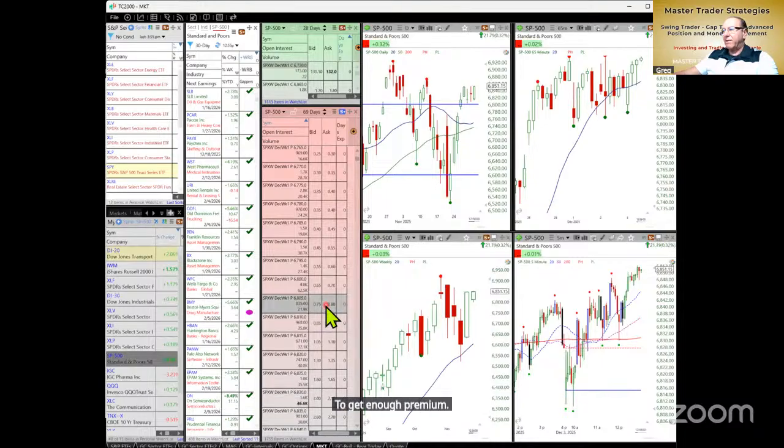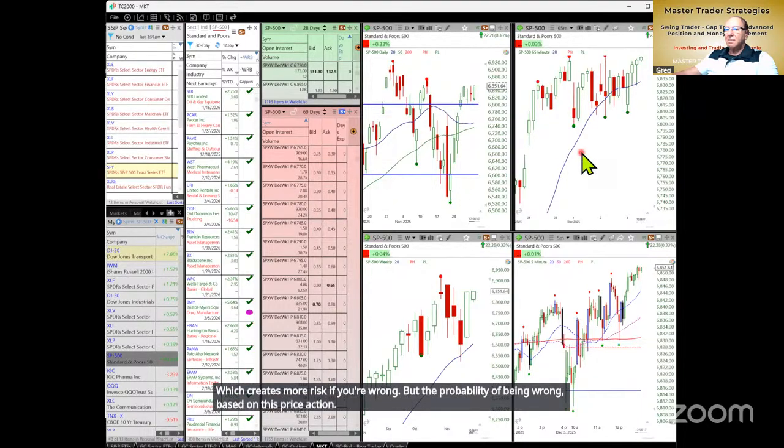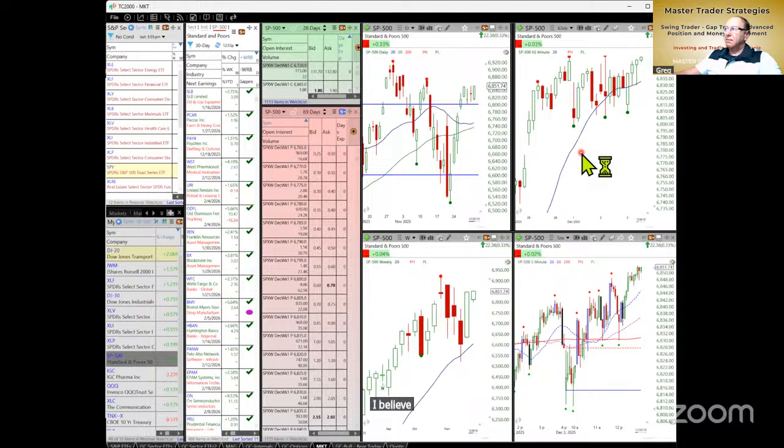So now you go to 68.05 to get enough premium. Just say we want to get 50 cents. I've got to find something for 30 cents. I've got to go quite wide, which creates more risk if you're wrong. But the probability of being wrong based on this price action, I believe, is low.